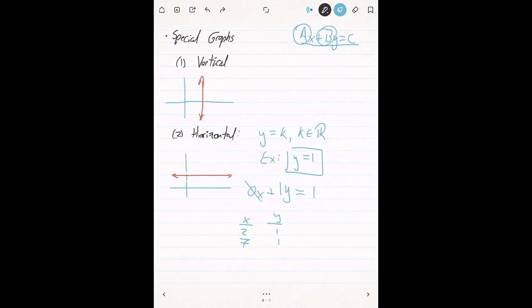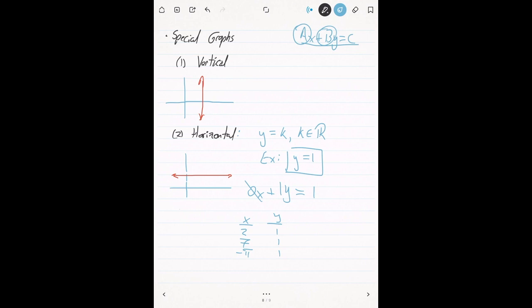So 7 and 1 are solutions. Try something like negative pi, right? That's a real number. So negative pi times 0 plus 1 times, and we'll have y be 1. Yeah, these just cancel out and you're left with 1 again. So really, it doesn't matter what you plug in for x. You can plug anything in for x, and it will always cancel out. You'll still be just left with 1.